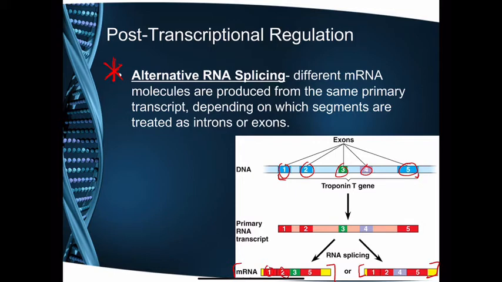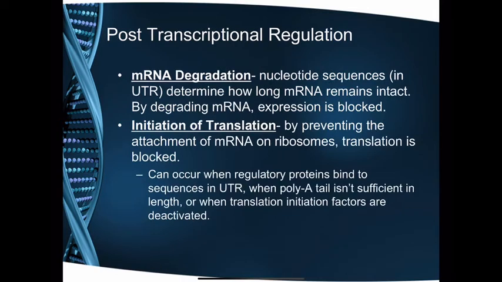But because of this alternative RNA splicing, we have a lot more protein combinations that contribute to human complexity. So this is really important as far as making different proteins and having lots more options from our genes.